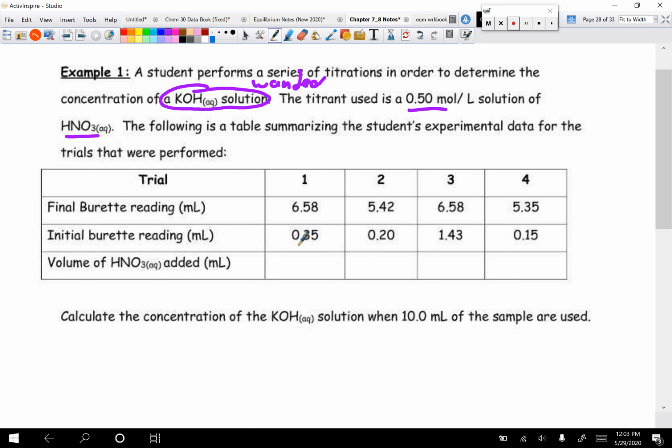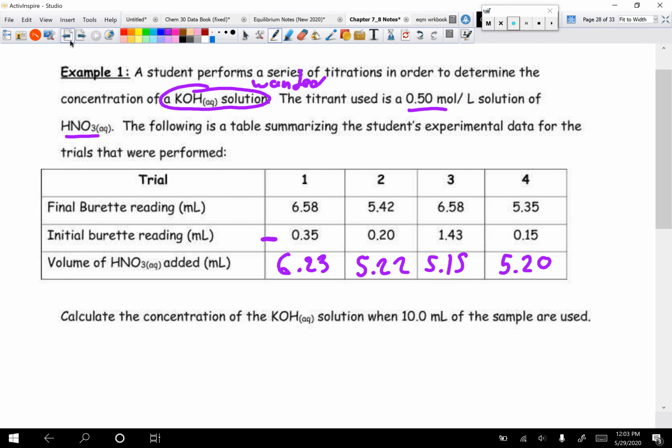So when we subtract 0.35 from 6.58, we get 6.23 milliliters added. We're going to do this for all the trials. For trial 2, the student added 5.22 milliliters. For trial 3, the student added 5.15 milliliters. And finally, for trial 4, the student added 5.20 milliliters.